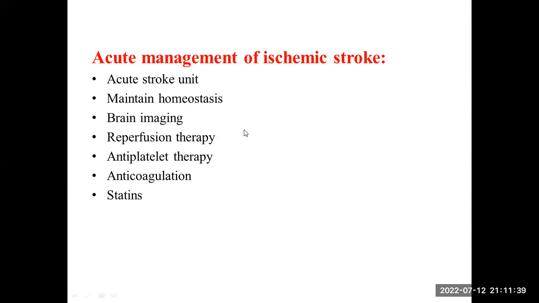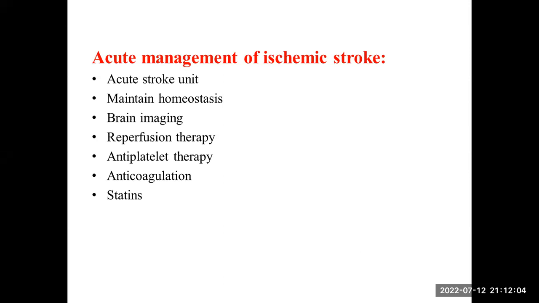But there are specific criteria which should be met in order to use these thrombolytic agents. Not any patient with acute ischemic stroke is a candidate for thrombolytic therapy. These criteria, number one, include the patient should present within the window for reperfusion therapy.